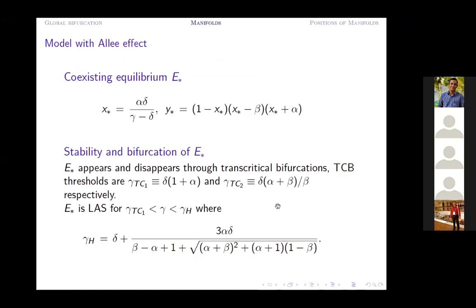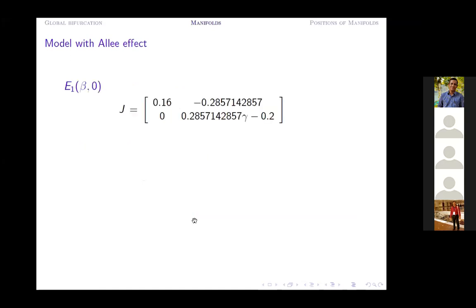Okay, now for this system, you are already familiar with this particular Hopf bifurcation threshold. These are 2 transcritical bifurcation thresholds. I have already explained yesterday, but what I want to mention is that in this problem, the heteroclinic bifurcation threshold will be in between this transcritical bifurcation threshold and the Hopf bifurcation threshold.